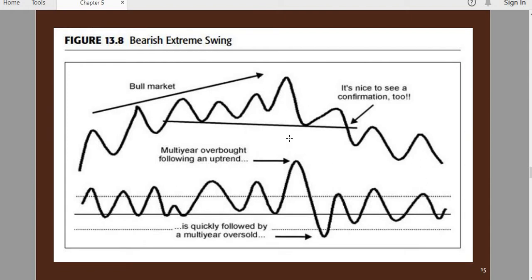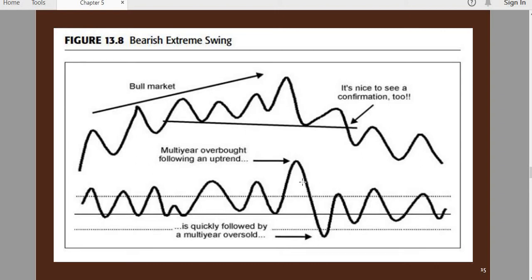This is one of the signals of trend reversal, and then you can check with the ROC. We can see it creates an extreme swing from the overbought area. The overbought area is the highest compared to the previous one, and during this situation the price actually decreases. Then you can see the ROC sharply goes down.